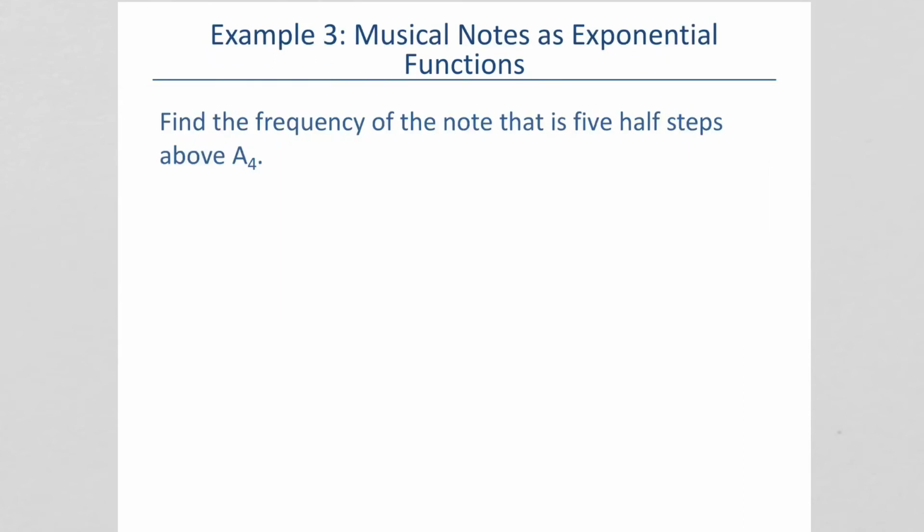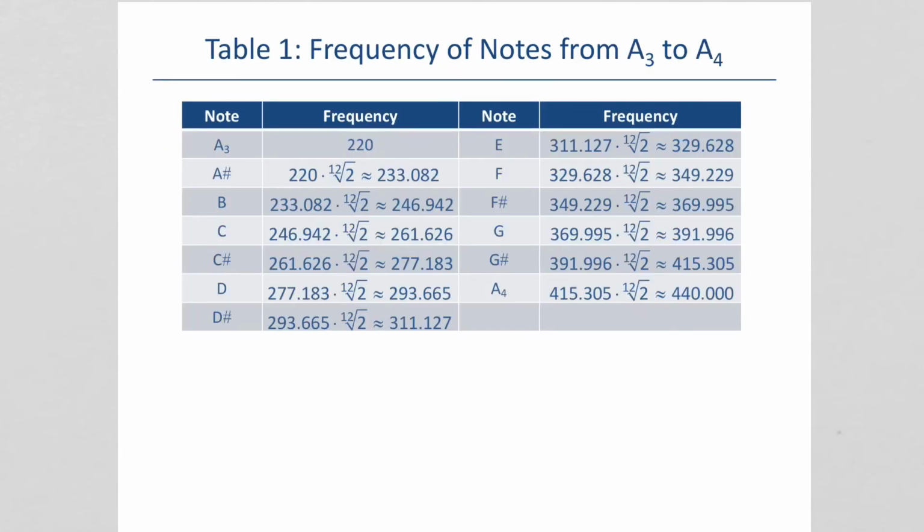Find the frequency of the note that's 5 half steps above A sub 4. And we'll use our formula, F naught times 1.059463 to the X. A sub 4, if we look back at our table, is approximately 440 hertz.